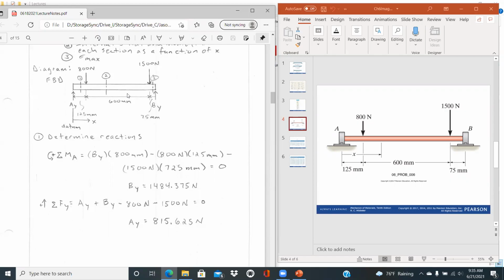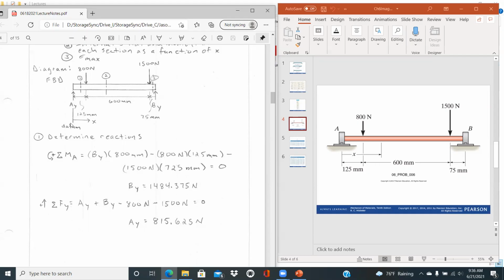And so essentially, we'll do this in multiple steps. The first step will be just identifying what the reaction forces are based on this overall free body diagram. And then we'll do individual cuts to see what the internal forces are along the length of the beam. When we go through this process, we do want to define and establish a datum as a definition for x that will keep consistent for all of the free body diagrams.